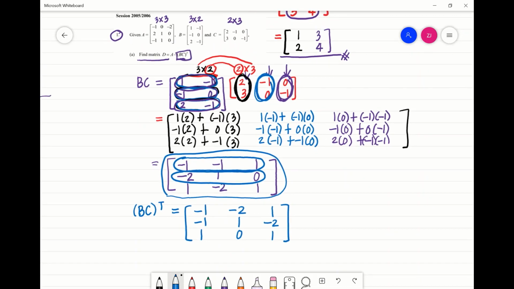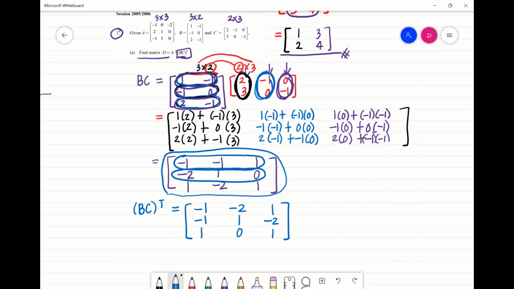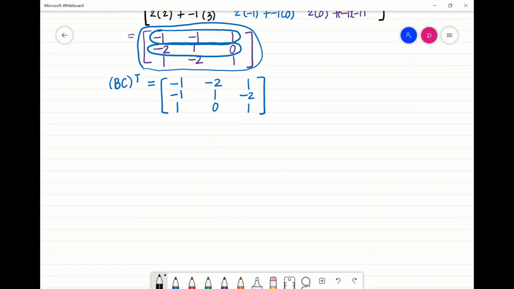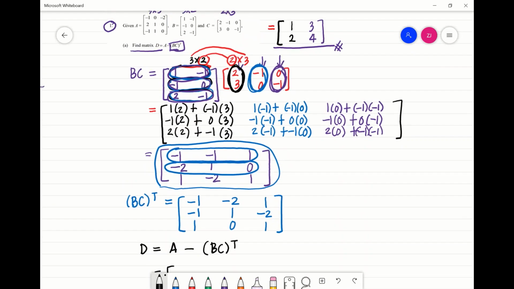After we get this, how do we find D? So D is basically A minus BC transpose. So D, the new matrix, is A minus BC transpose. Which means we bring down the A matrix, so it's given here.